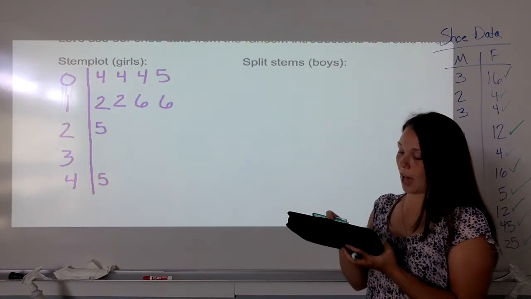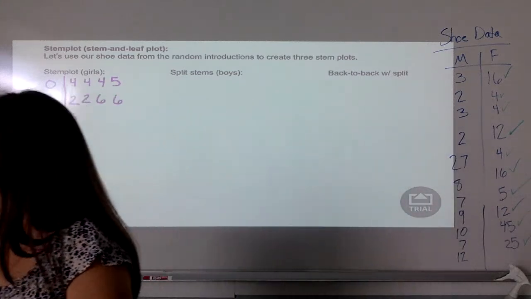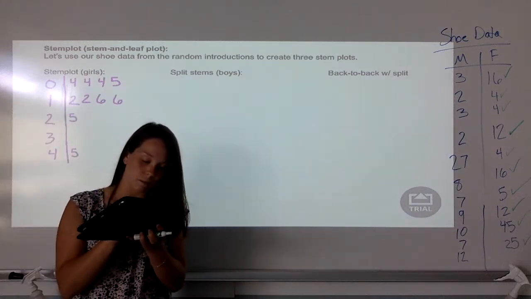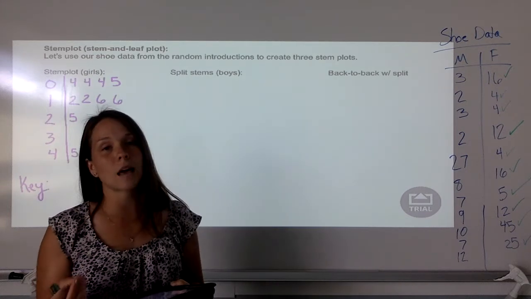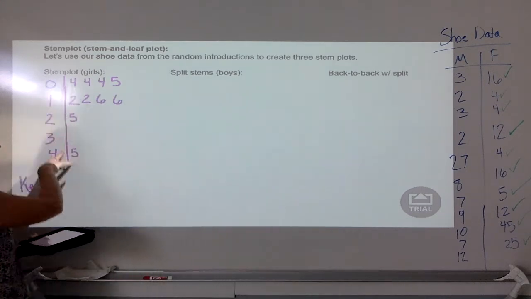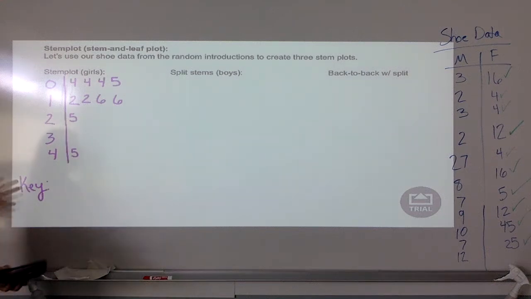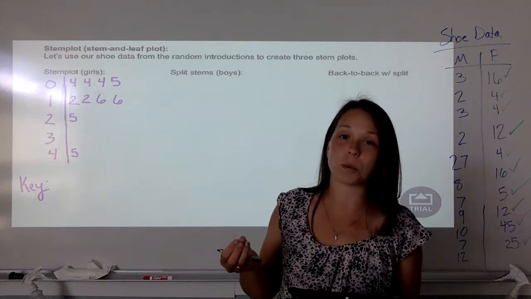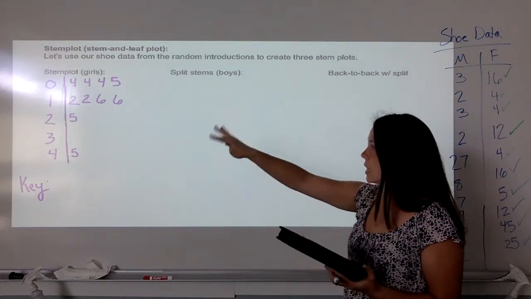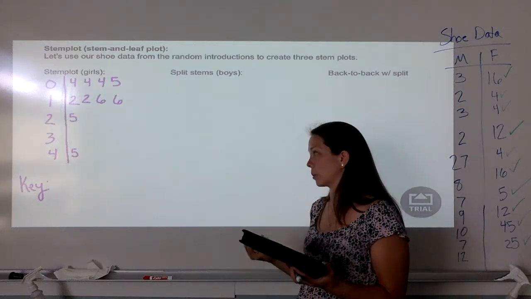And before I forget, with every stem plot that you create, you always need to have a key somewhere within your stem. And what the key is going to tell us is how the stem plot can be interpreted, because we can create stem plots with decimals, with hundreds and thousands of numbers and things like that. So we need to make sure we key our stem plot so we know how we're interpreting this.